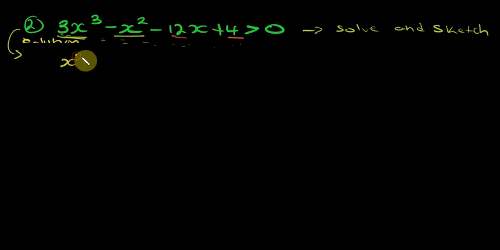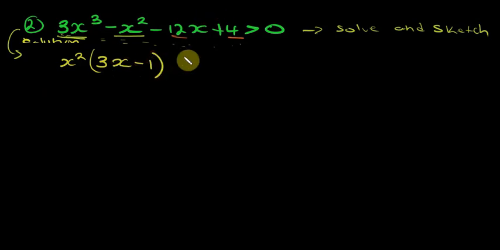So x squared, then we'll have 3x to the third power minus x to the second power. That will give me 3x minus 1.